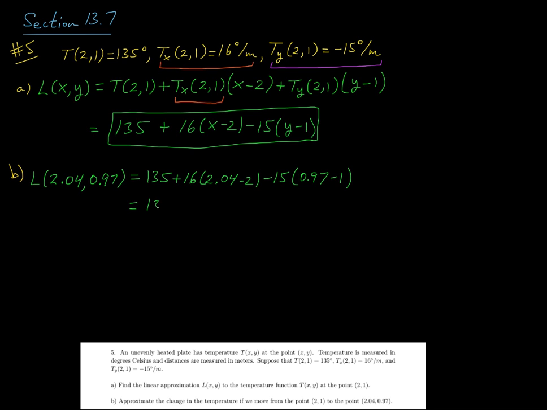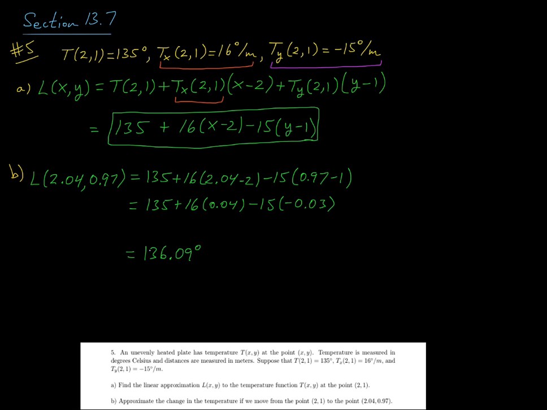And now I'm going to write it this way for emphasis. This is 16 times, and this is just 0.04, and then we have minus 15 times a minus 0.03. Okay, now we can go ahead and compute this. It turns out to be 136.09, and I'll put the units in now, 136.09 degrees.